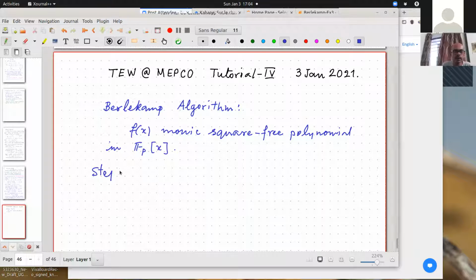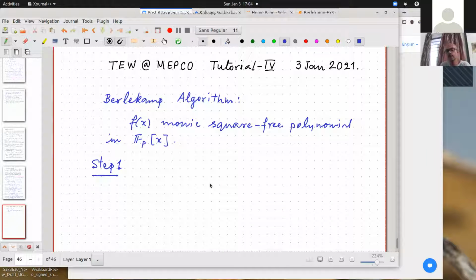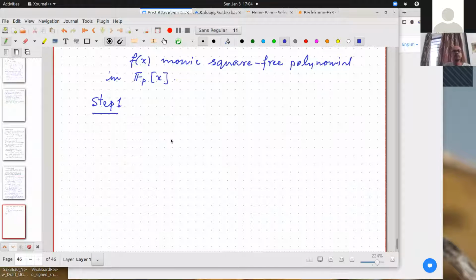So I just simply recall the steps. Step one is to check the degree of f(x). Suppose the degree of f(x) is n.